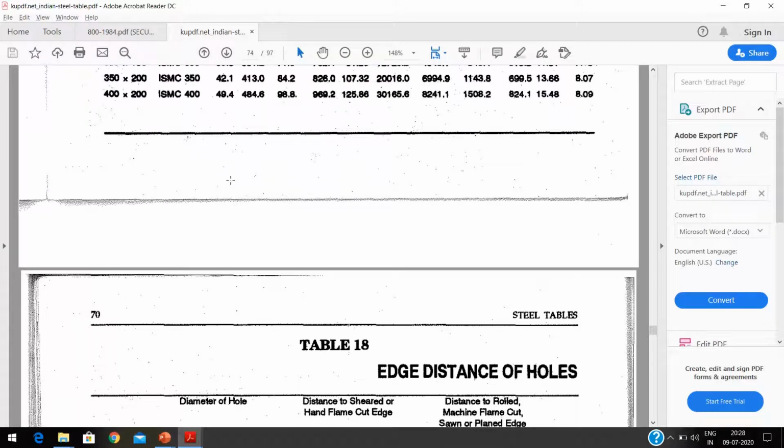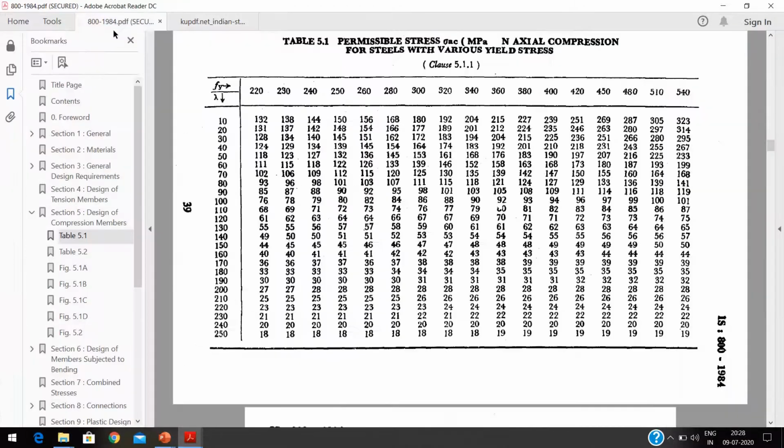This steel table is permitted for the exam also, and even IS 800 is permitted. So you must know where all the things lie, what is the place of particular clauses or tables, and what you have to use for the particular design. Accordingly the design is there.